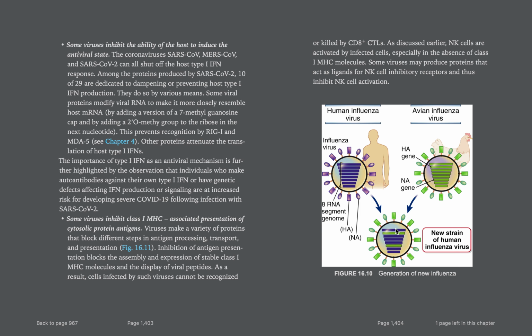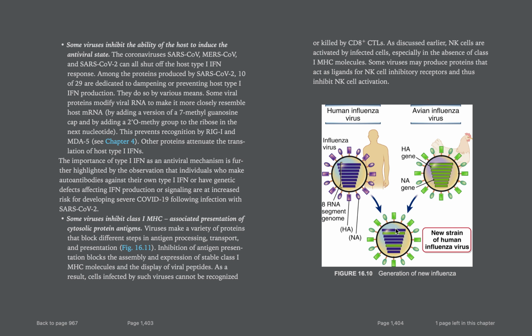Some viruses inhibit class 1 MHC-associated presentation of cytosolic protein antigens. Viruses make a variety of proteins that block different steps in antigen processing, transport, and presentation. Inhibition of antigen presentation blocks the assembly and expression of stable class 1 MHC molecules displaying viral peptides. As a result, cells infected by such a virus cannot be recognized or killed by CD8 T cells.